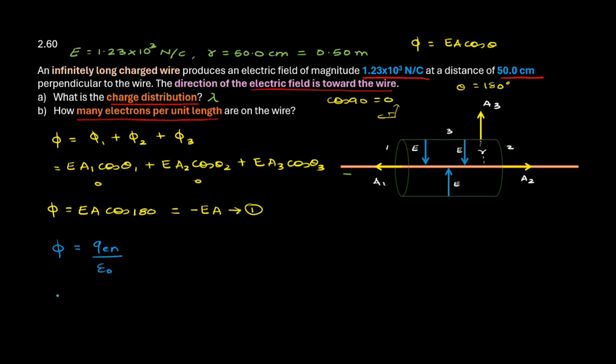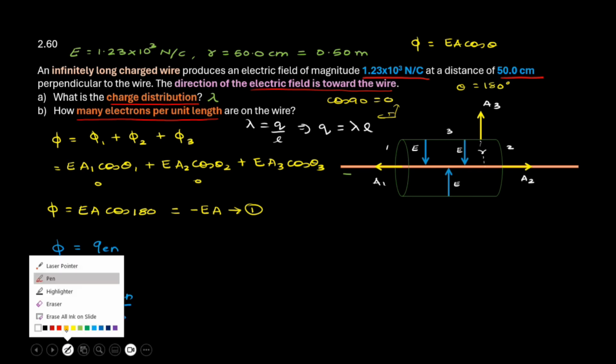I will write phi equals negative E into A equals charge enclosed over epsilon naught. I need to find the value of lambda, which is the charge distribution. And we know how lambda and Q are related to each other. We have lambda equal to charge per unit length. So I can write Q as Q equals lambda times L.